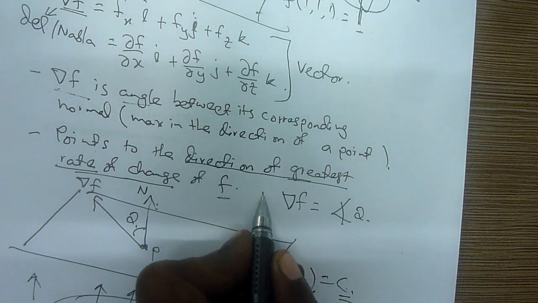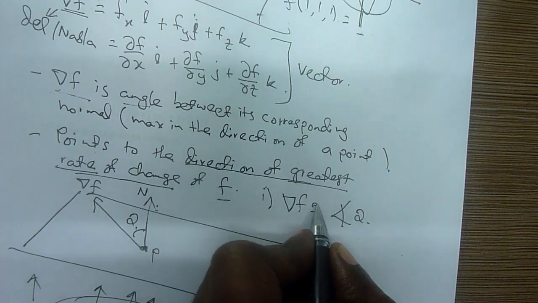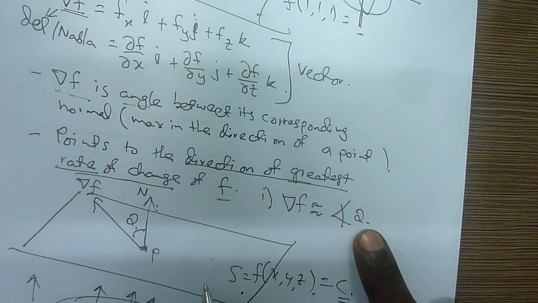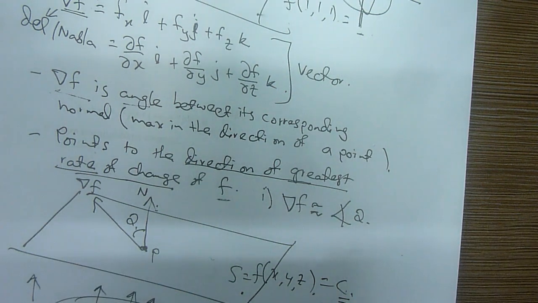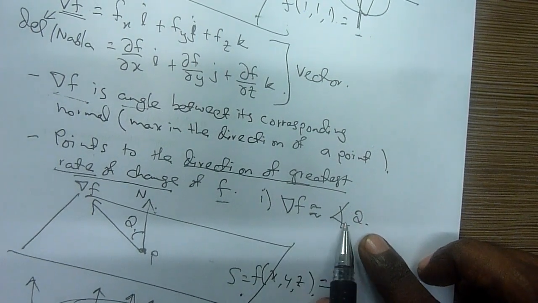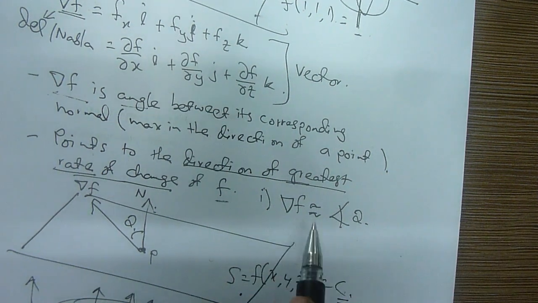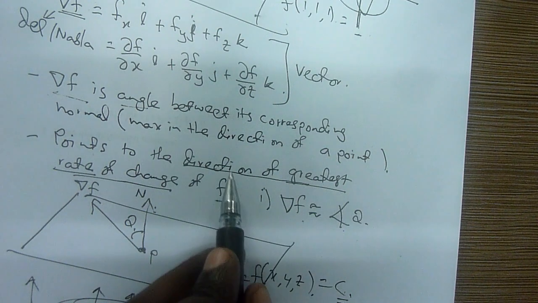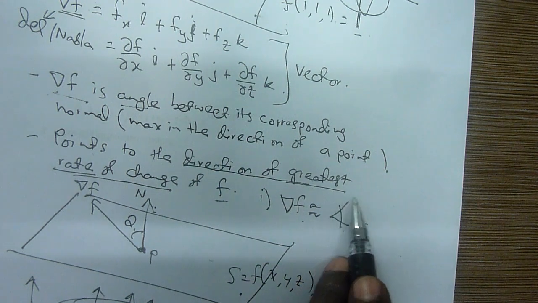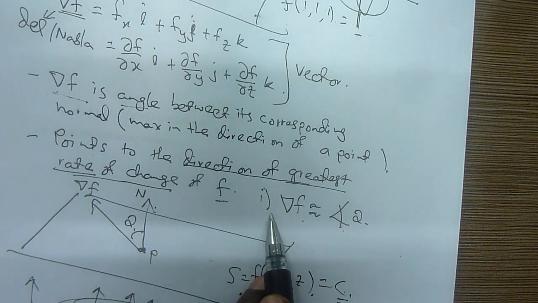One very important piece of information I want you all to understand: nabla f is referring to the angle, the change it is making, the direction of this. Since this is a vector, remember, it's not exactly the angle. In order to understand nabla f, it is a direction, a vector of the greatest rate of change, which will be able to give you the angle. It's not equal to this, remember, it's a vector.